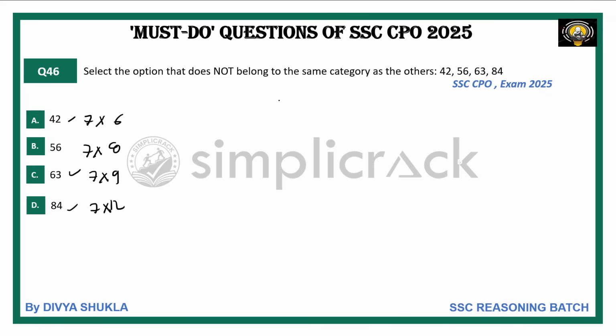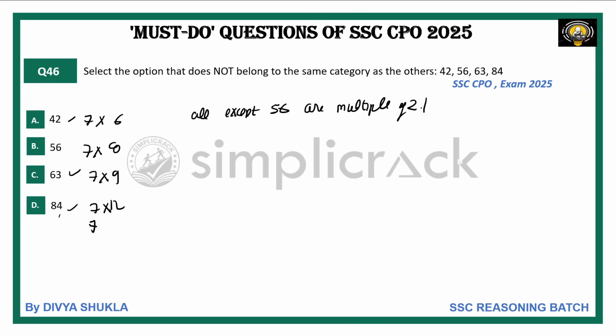If you observe one more thing, this is also 21 into 4. So what else we can think of here is that all except 56 are multiples of 21.